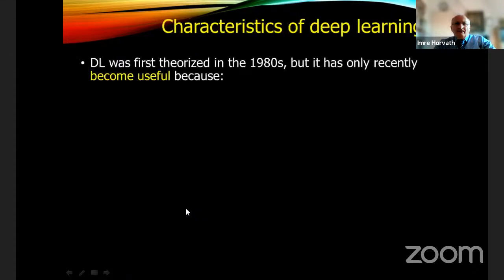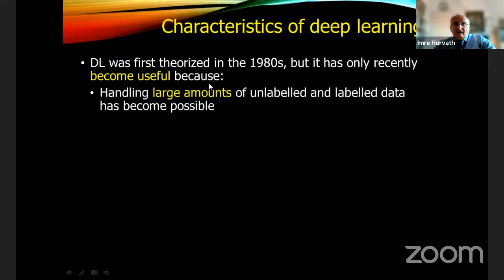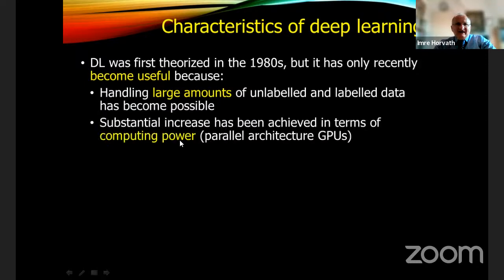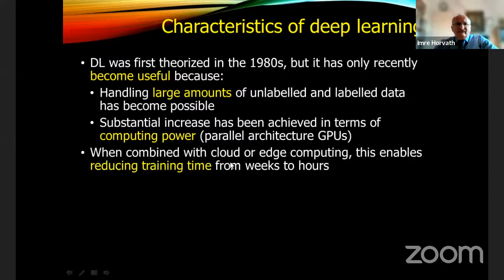So the major characteristics of deep learning are that they became useful for the capabilities of handling large amounts of unlabeled and labeled data, and a substantial increase has been achieved in terms of computing power, and nowadays we can use, for instance, parallel graphical processing units for powering the processing of deep learning networks. And when combined with cloud or edge computing, this enables reducing training time from weeks to hours.